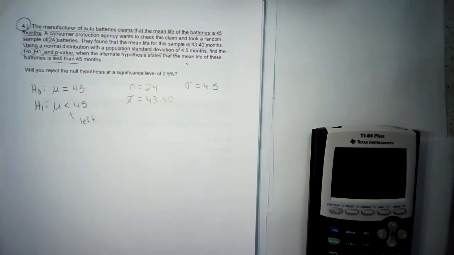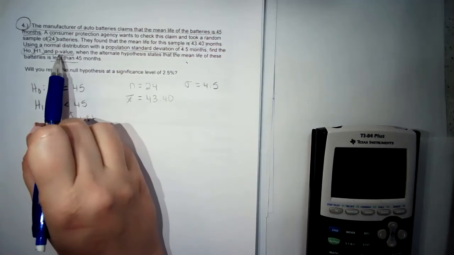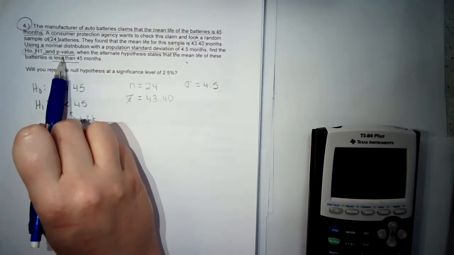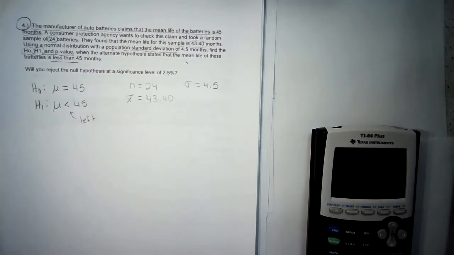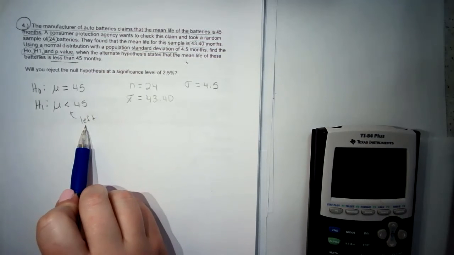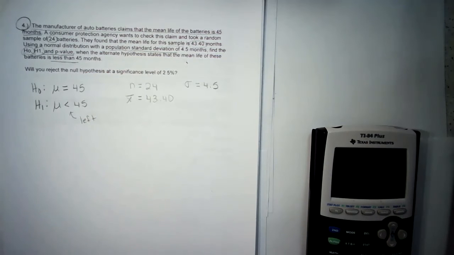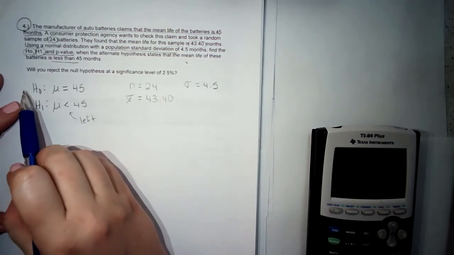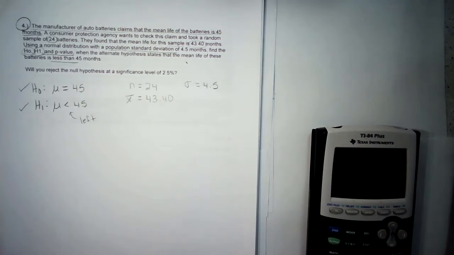Okay, does that make sense? Okay, so we know we're doing sigma known one more time. We're going to use the p-value approach because that's what they asked us to find. And we're doing a left-tailed test. I'm not going to draw a picture because it's too complicated, but let's jump right in and see if we can do this real quick. We already found H0, we already found H1, we still need the p-value.